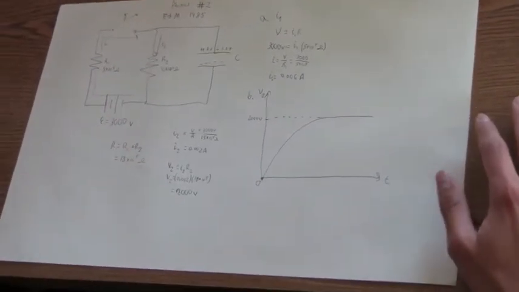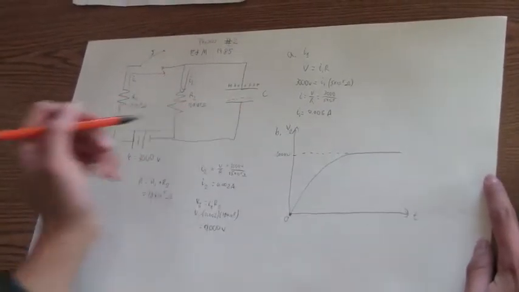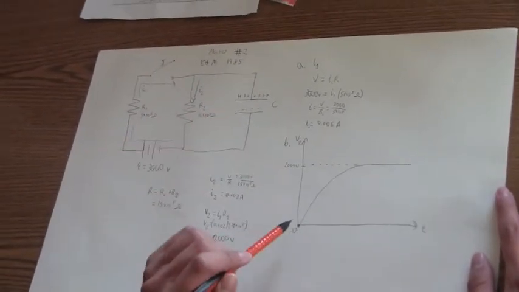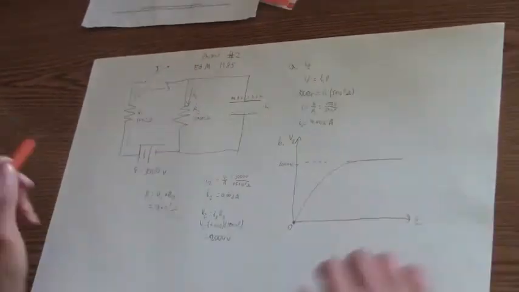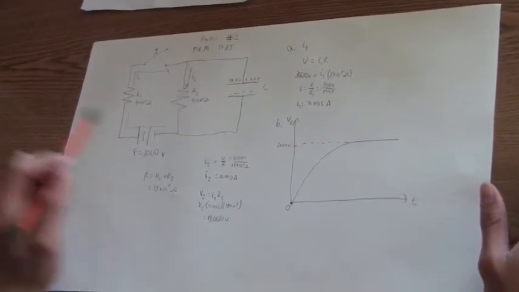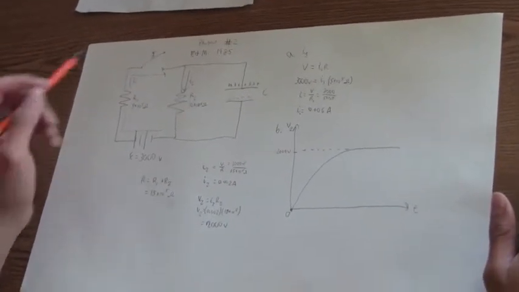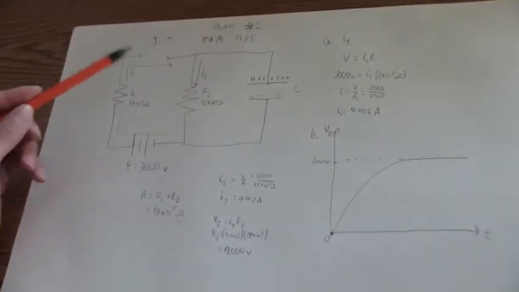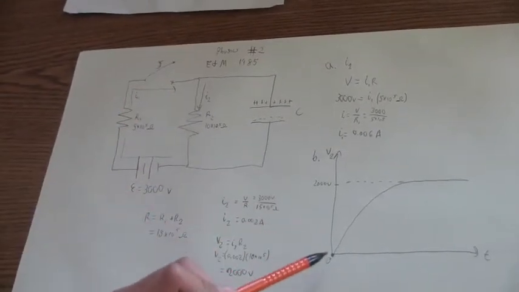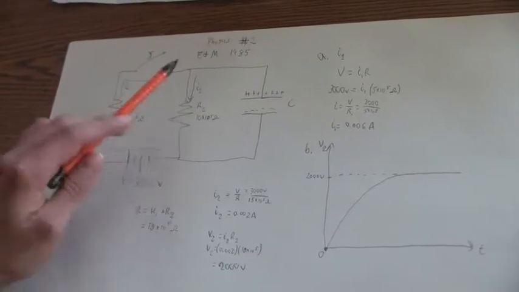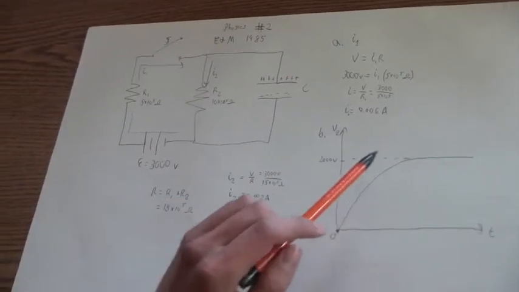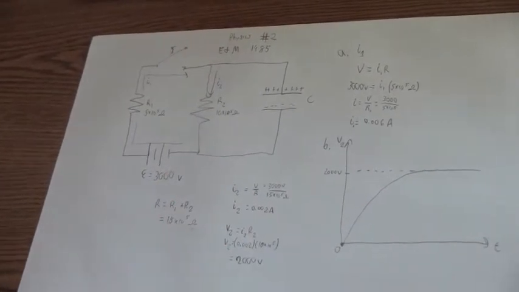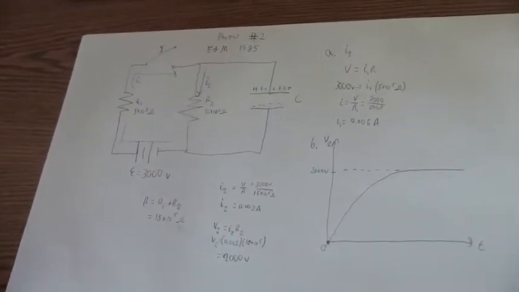The reason the graph looks like this: initially, all the current is going to flow across the capacitor, not through R2, so initially it's 0. And in the end, all of it's going through R2. So you're going to have it asymptotic to 2,000 volts.